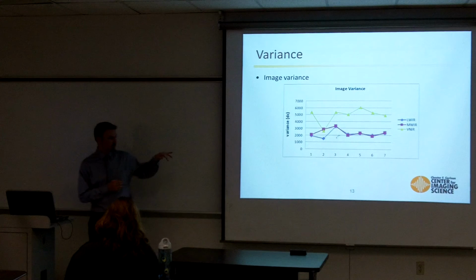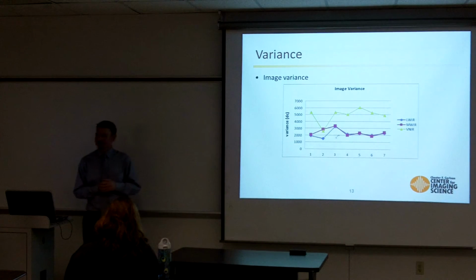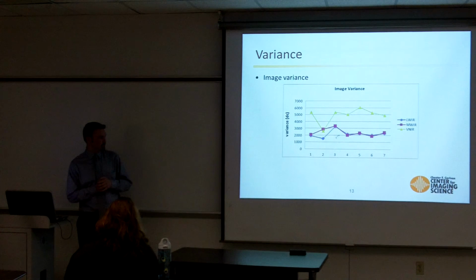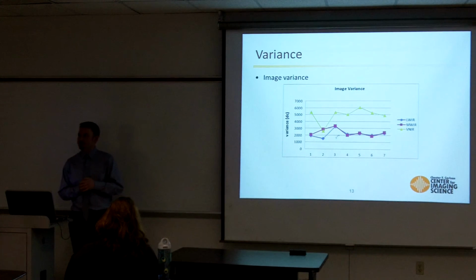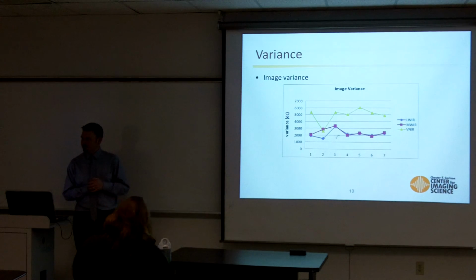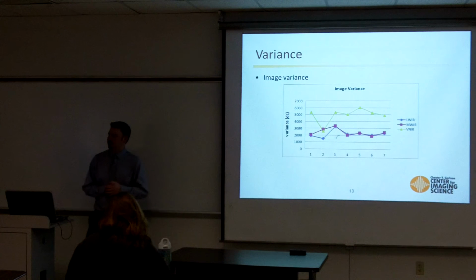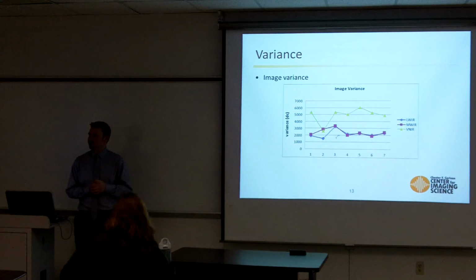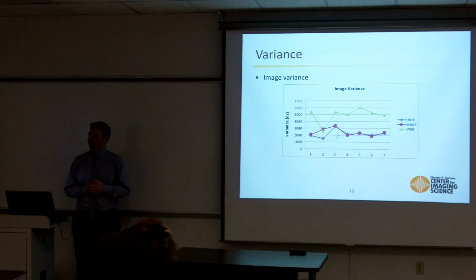Yes. Those are 3 different images: a visible image, a midwave, and a long wave. Within each image, you're taking the commonly understood variance of all the signal values in all the pixels for that image. Yeah.